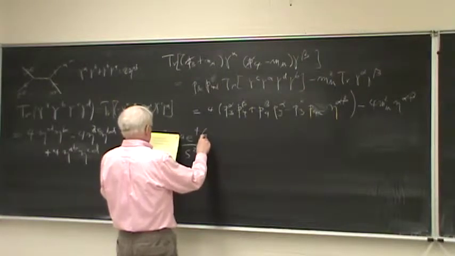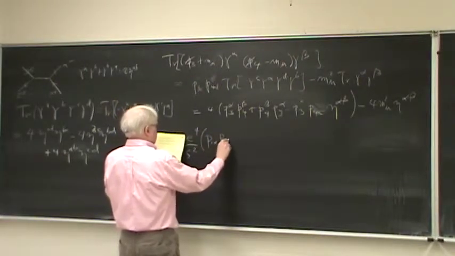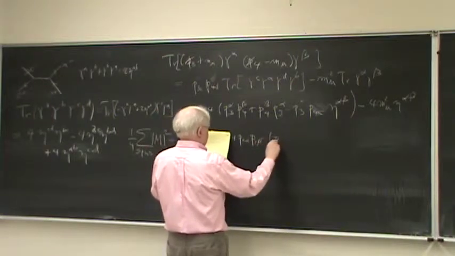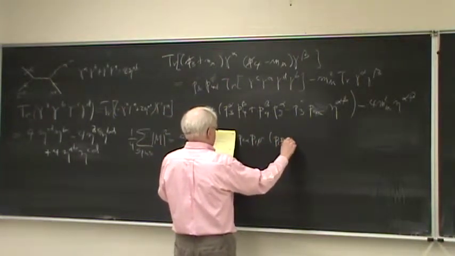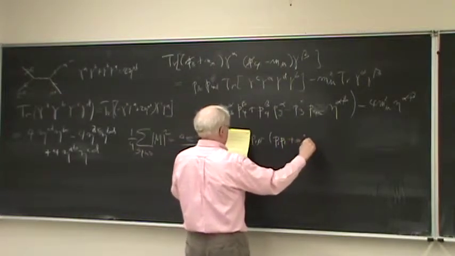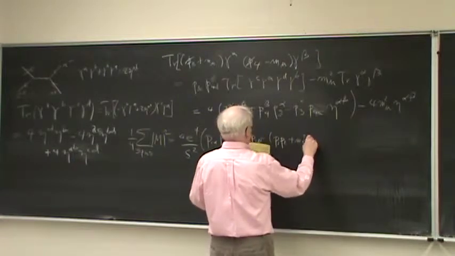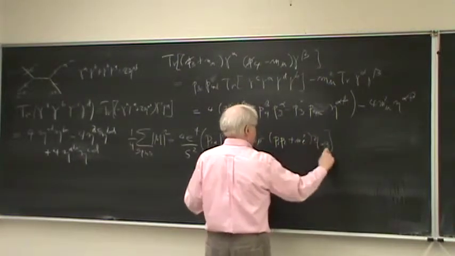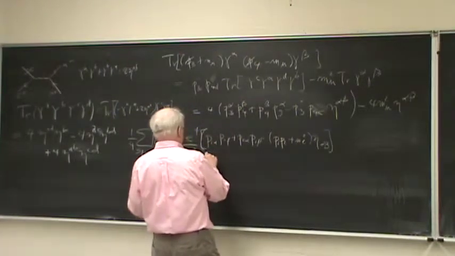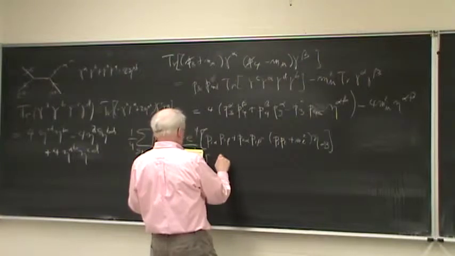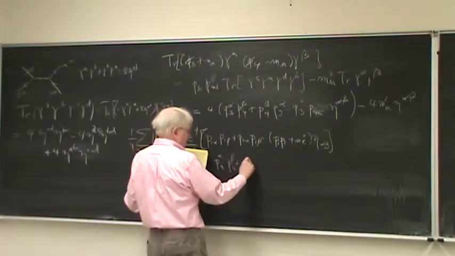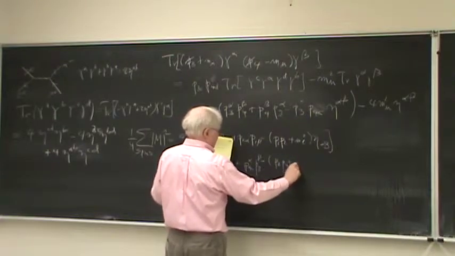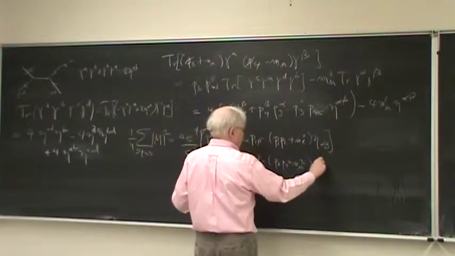And so this thing is p1 alpha, p2 beta, plus p2 alpha, p1 beta, minus P1, P2, I'm just going to write it this way, plus me squared, times eta alpha beta, so it's this times P3 alpha P4 beta plus P4 alpha P3 beta minus P3 P4 plus mu squared and then eta alpha beta.